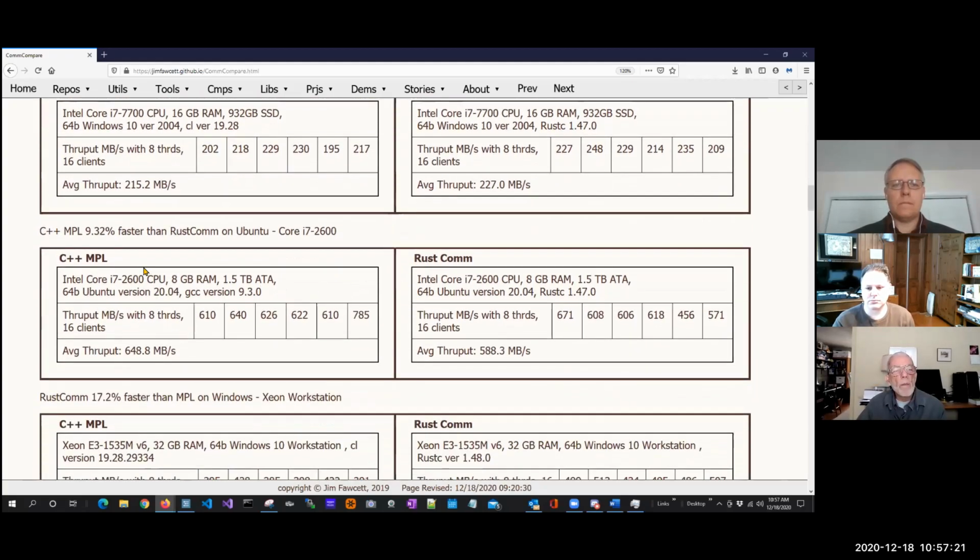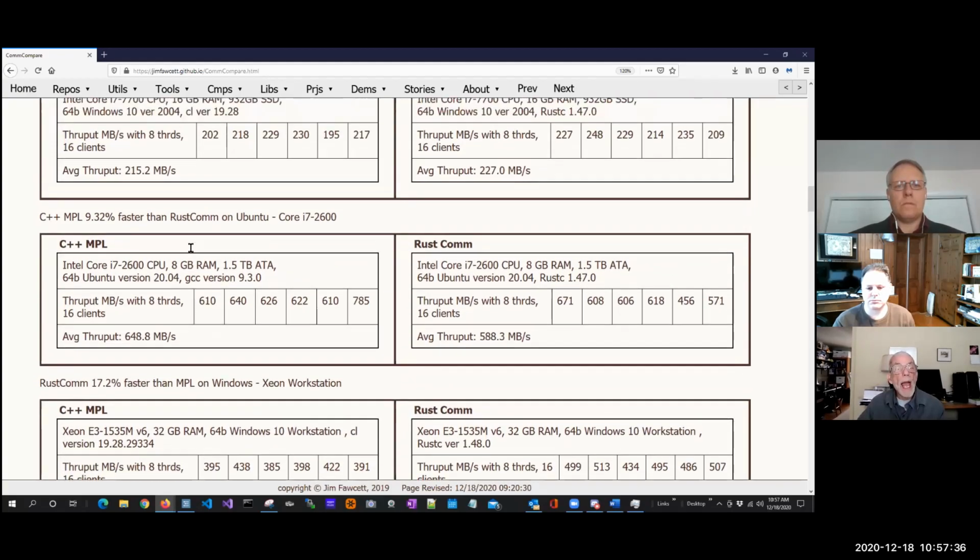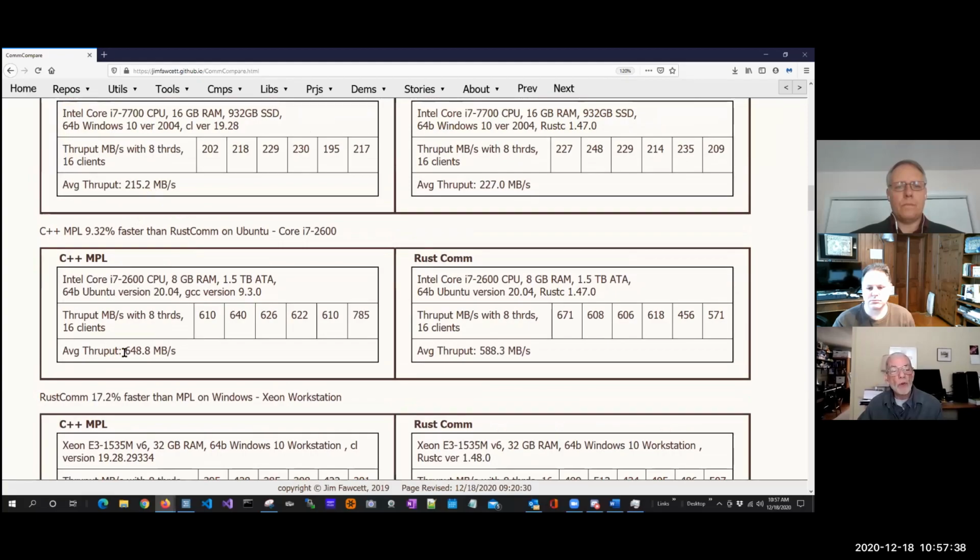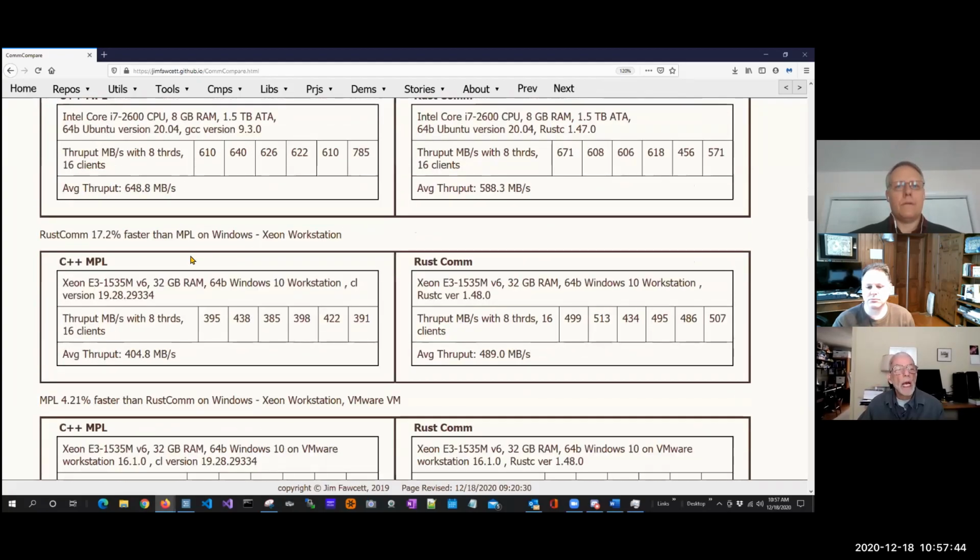Here is MPL on Ubuntu and Rustcom on Ubuntu, and here MPL was 9.3% faster than Rustcom on Ubuntu. Ubuntu was significantly faster than Windows in both cases, about the same order of magnitude. Here is Rustcom faster on a Xeon workstation.